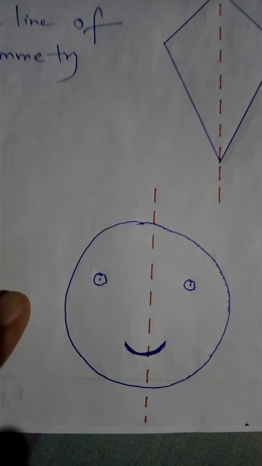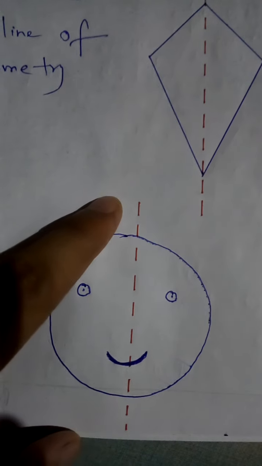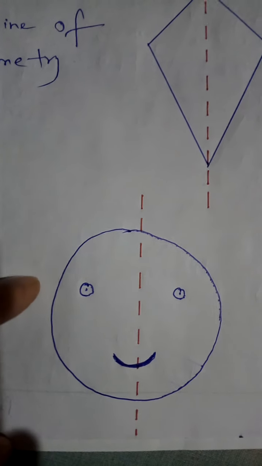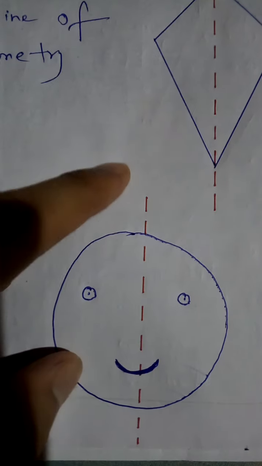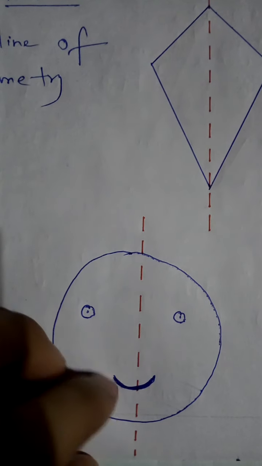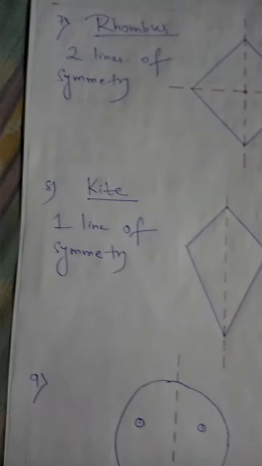Okay, so again I'm telling, draw all the figures with pencil and use dotted lines for the lines of symmetry. Okay, so in the next video I will come up with more figures having 1 line of symmetry or more than 1 line of symmetry and also no symmetry.